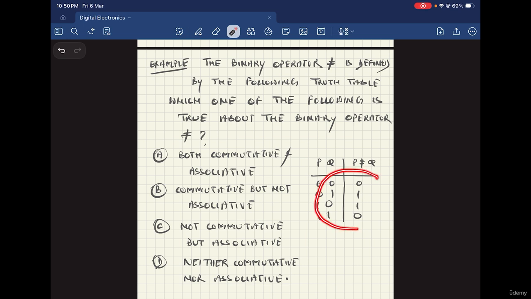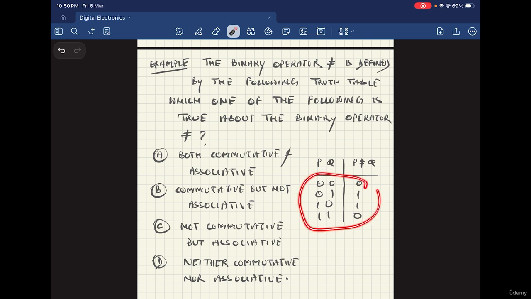Since it's an XOR operator, the options are given: commutative but not associative, not commutative but associative, neither commutative nor associative. If you remember, NAND and NOR are the only ones which don't follow associative. The rest all follow both associative and commutative. So NAND and NOR are the only ones which are commutative but not associative.